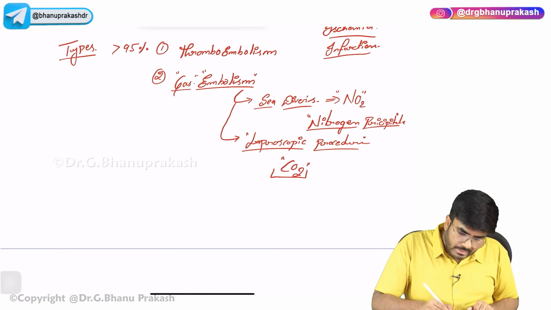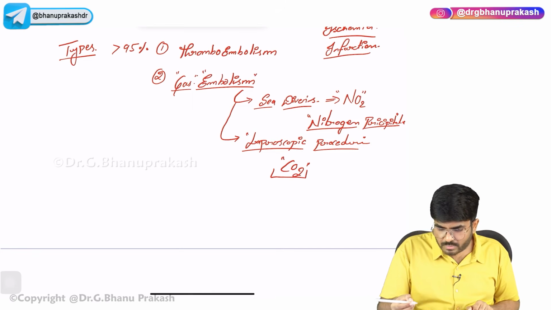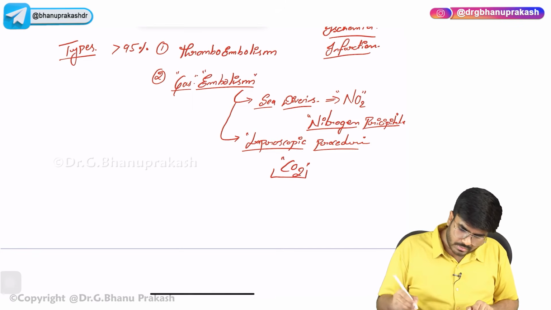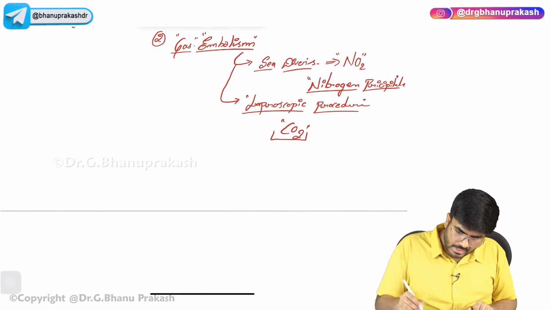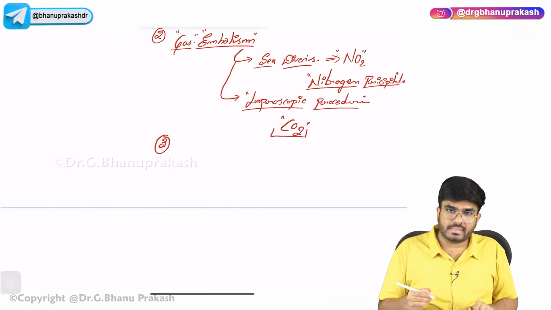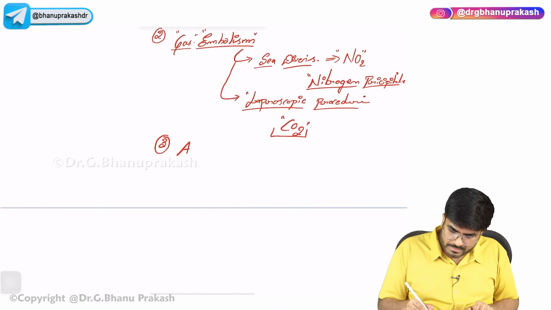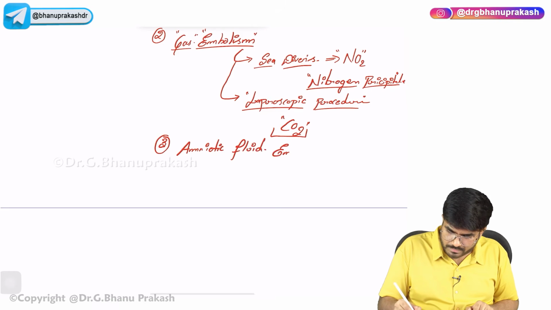I have explained. Now, what other types of embolisms are there? Thromboembolism, which is most common. There can be gas embolism. The third type is amniotic fluid embolism.